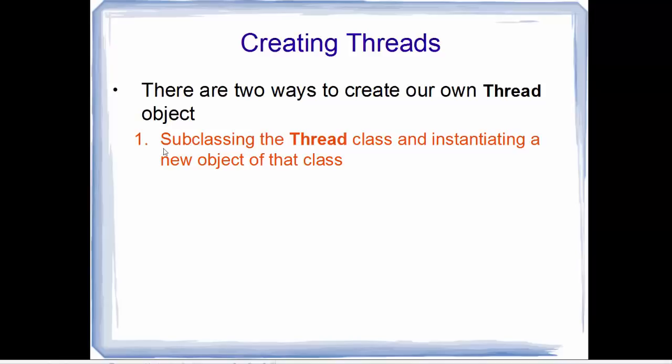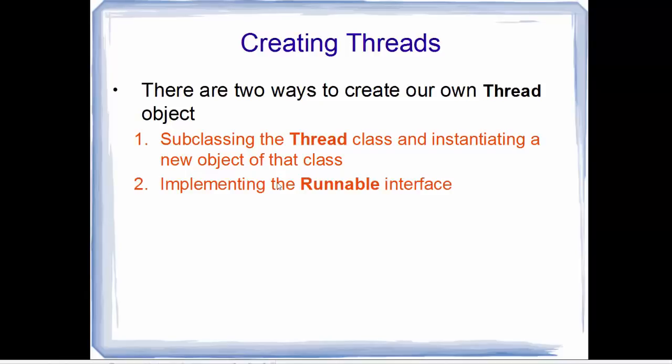One is subclassing from the Thread class. So there is a Thread class in Java, and then instantiating a new object of this class. Okay, so subclassing from a class called Thread, and we will instantiate a new object of this class, and then we can create the thread.